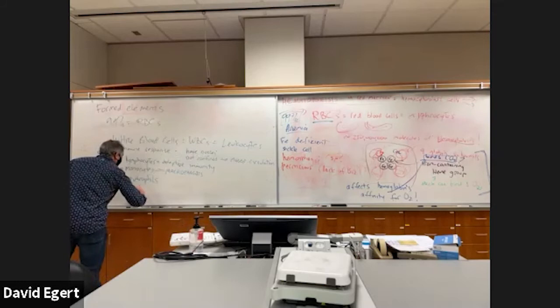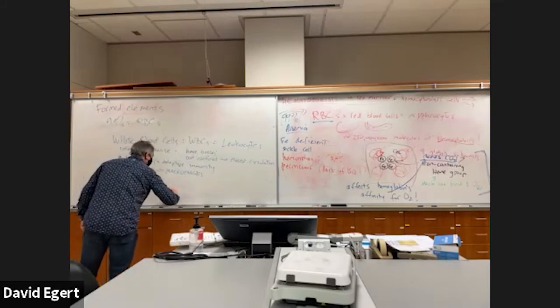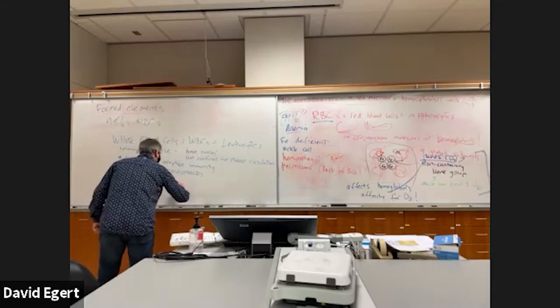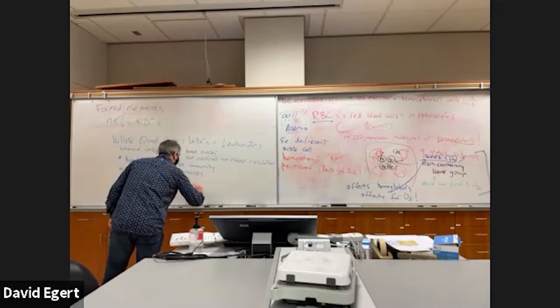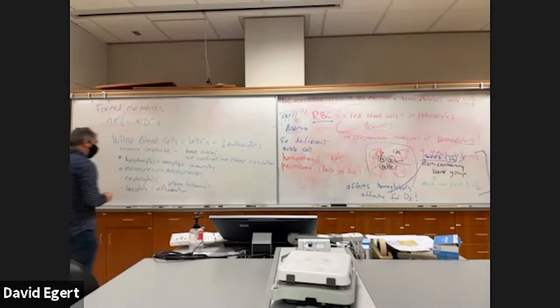There's basophils, actually for inflammation. They release histamine. We'll talk about inflammation in a lot more detail. Basophils are similar to mast cells in your connective tissue, and when they release the histamine, it initiates inflammation.